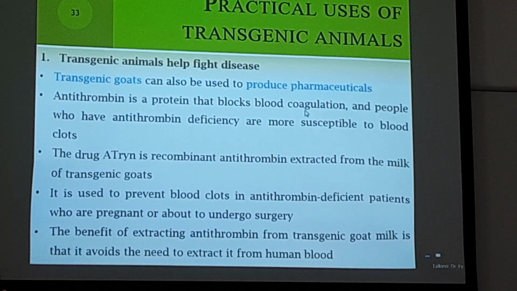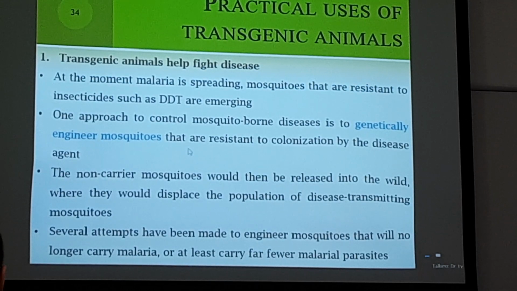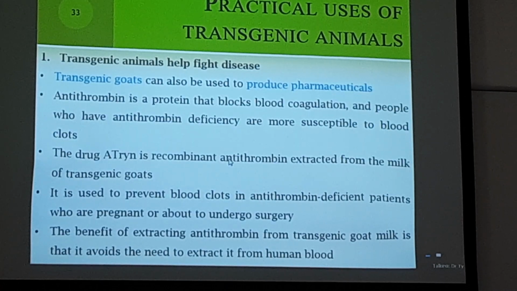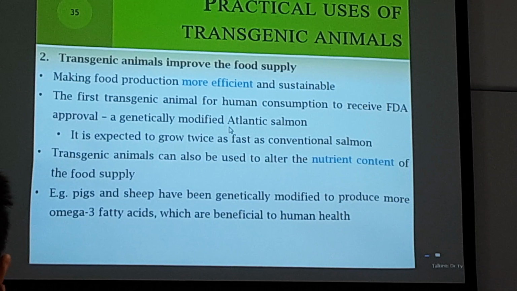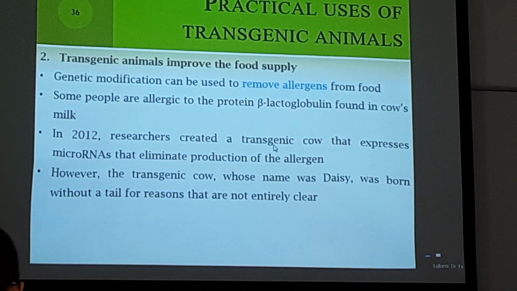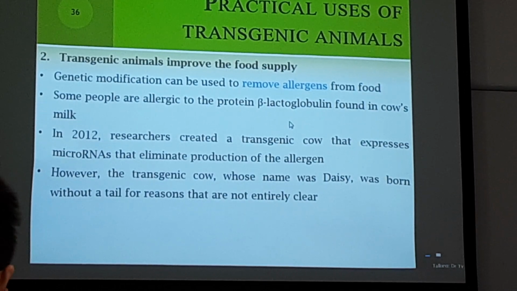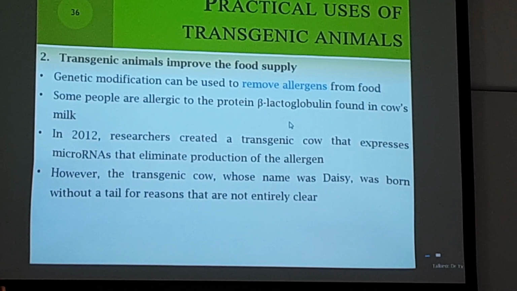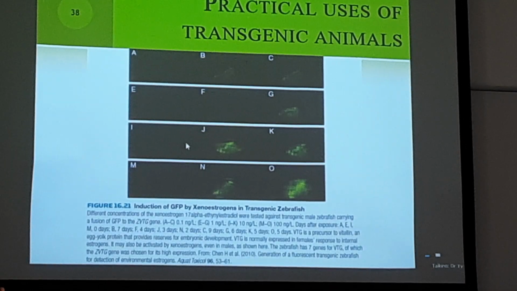We can modify some animals that are spreading disease, spreading pathogens, and so on. Animals are also food to us, so it can also help us to raise our food production, to improve the hunger problem, even to remove some allergens in food, so people can have more options in their food choices, and some other uses. So make sure to be able to tell some examples here.